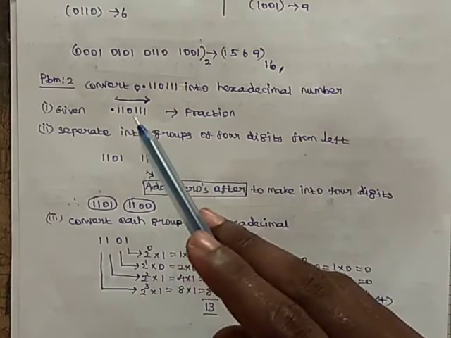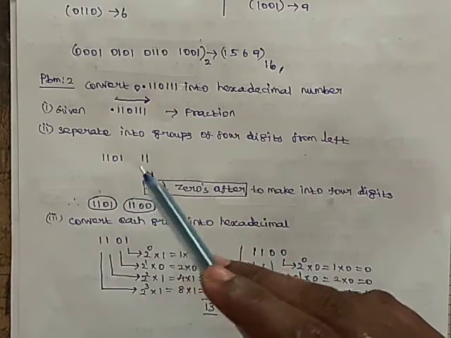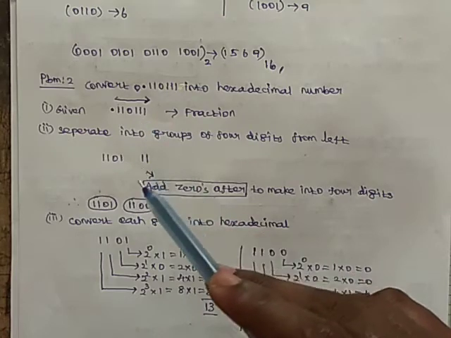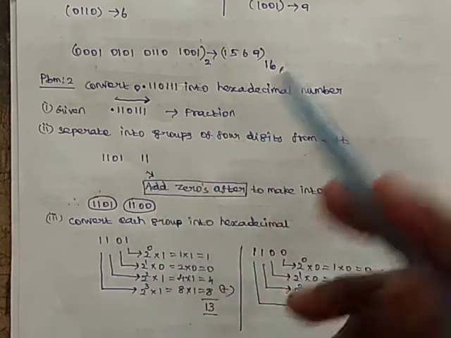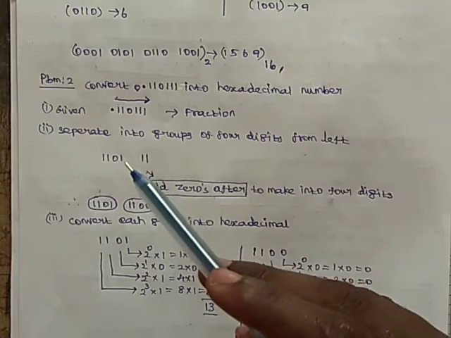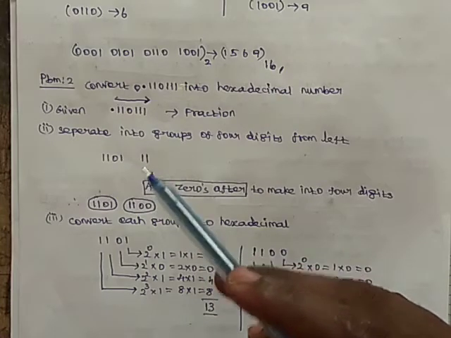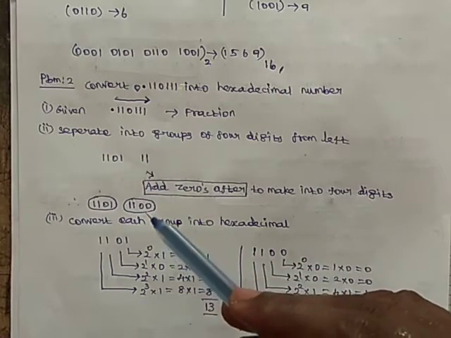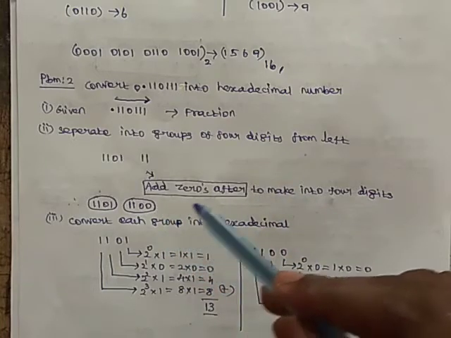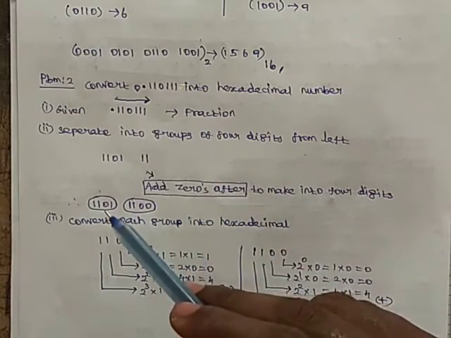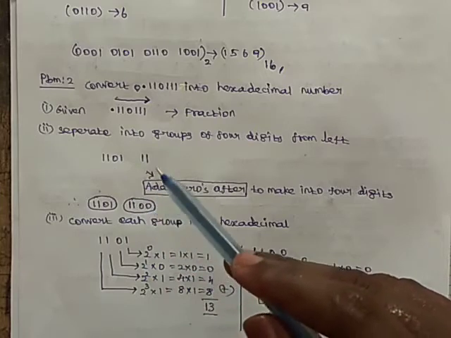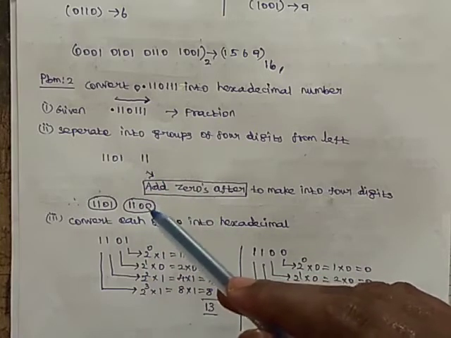So form groups of 4 digits. 1101 is one group. There are remaining digits. In the integer part we added 0 before the number, but here you have to add 0 after the number to make it a 4-digit group. So this is the first group, and by adding 0 here we made another group.